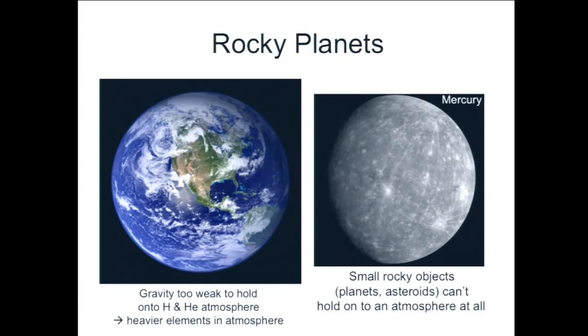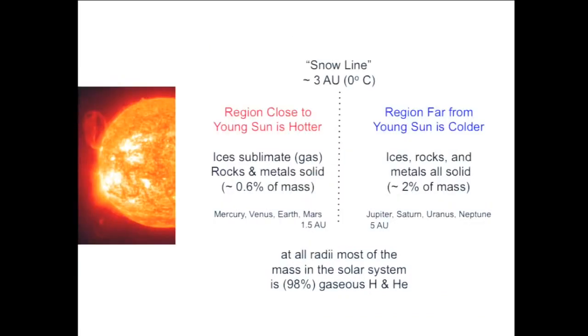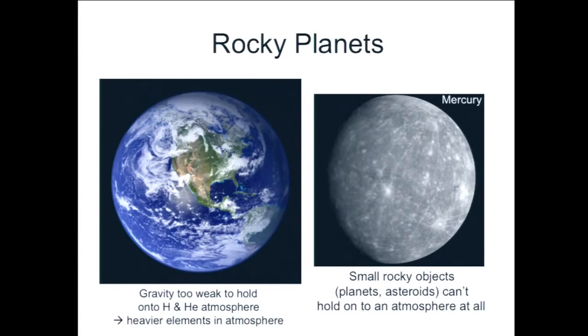So the rocky planets in the inner part of the solar system are basically formed from this iron and silicon that was in solid form in the inner region where the solar system was hotter. If you have a really big rock, then the gravity of the planet is able to hold on to an atmosphere of gas, at least of heavier elements like oxygen and nitrogen.